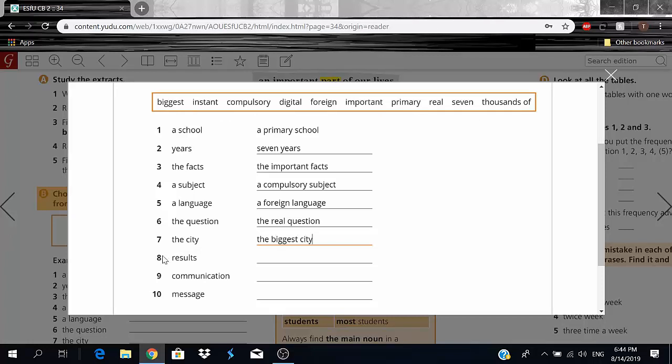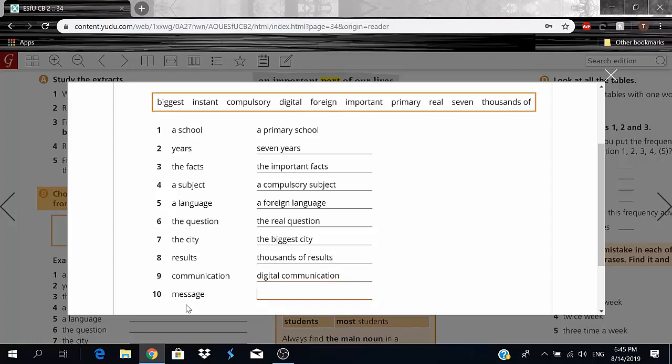All right, and then we have 8. We have results. We can say thousands of results. And we have number 9, communication. Oh, this one fits the topic just right. Digital communication. Okay, digital communication.